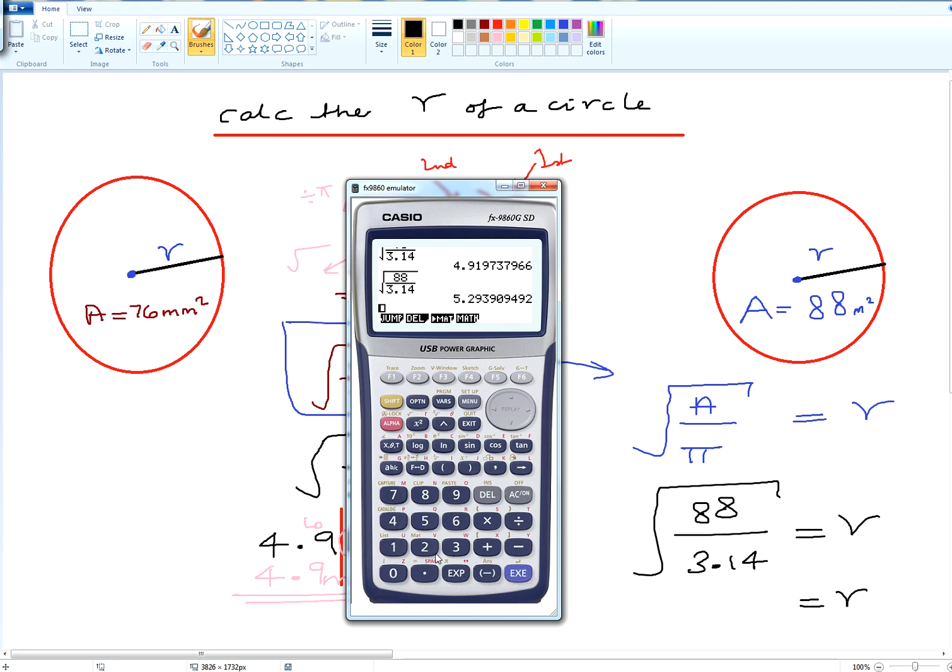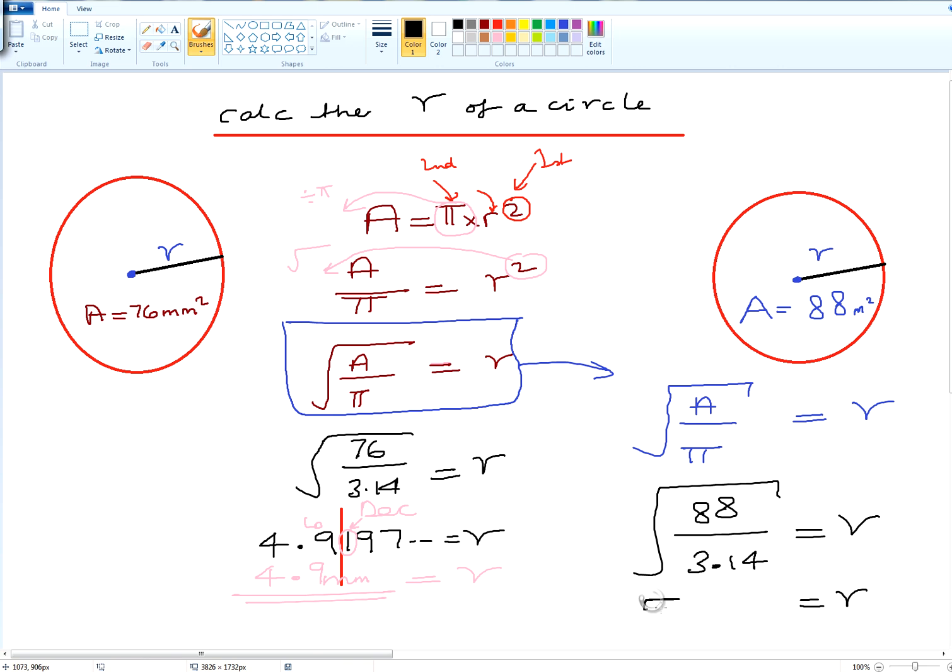And that gives me this. So what do you get, folks? What did you get on your calculator? 5.2939. Yeah? 5.2939 and so on.